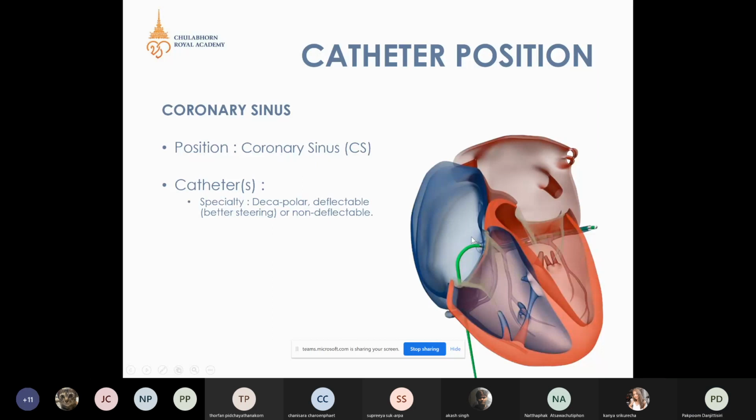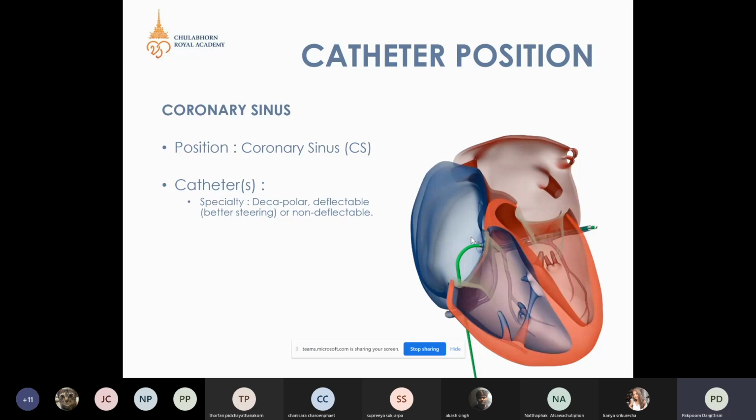So if there is any abnormality conduction, just like an accessory pathway from the left side of the heart, the coronary sinus can be used to identify the location of that accessory pathway from the left side.